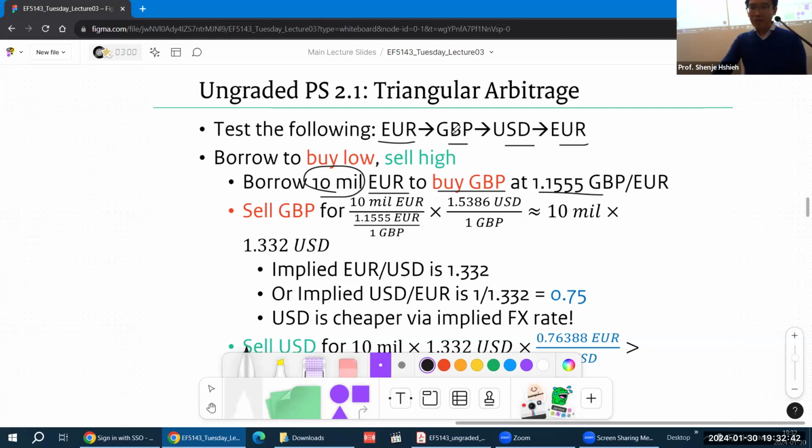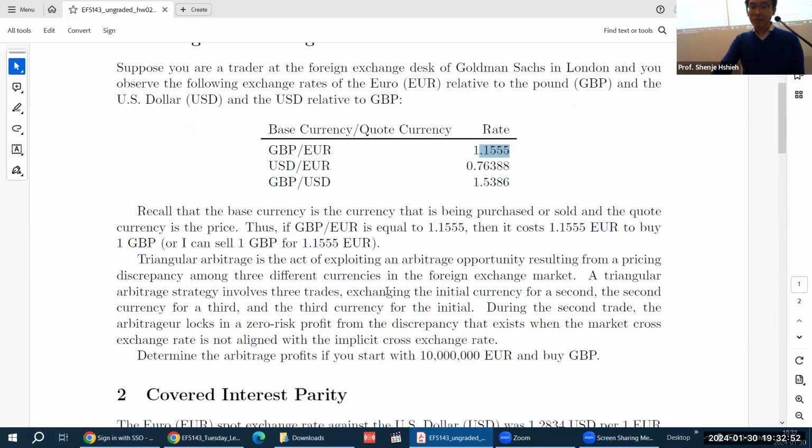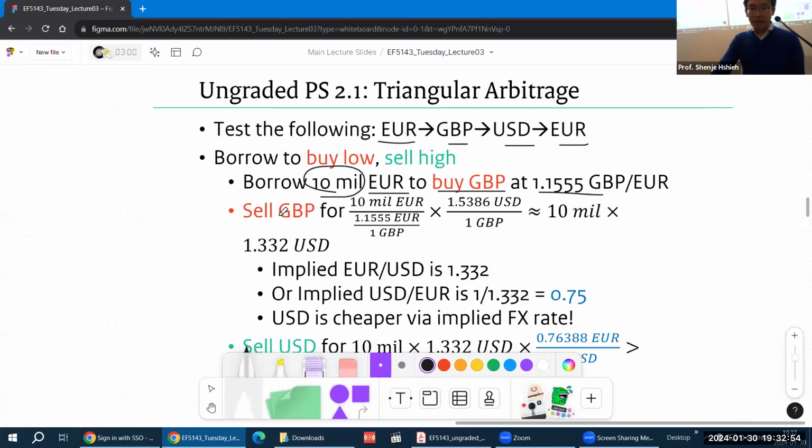And then after going to pounds, we're going to do something to the pounds to get dollars. So what do we do based on the quotes? We sell the pounds for dollars, right? Because the base currency is pounds here. So sell the pounds. That means dividing by the price 1.1555, and then, sorry, we multiply by 1.5386. That should give us dollars.